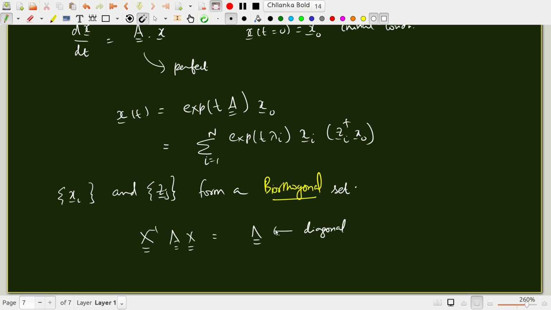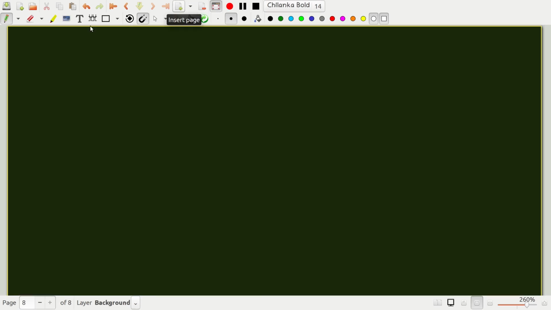Okay, now there are some special matrices which we saw in the last lecture, right? You had a normal matrix, which is A dagger A equals A A dagger.